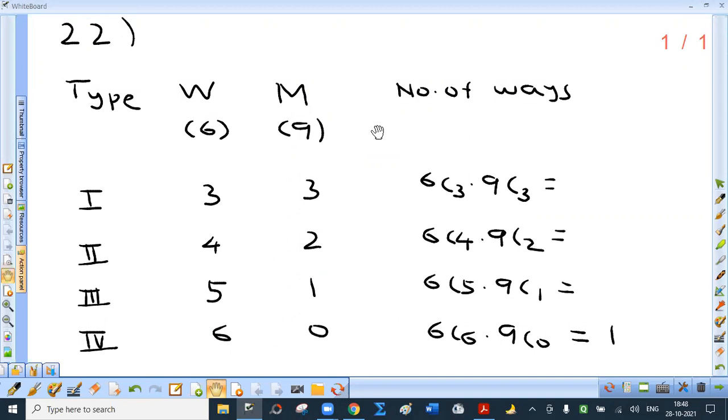Team of 6 is to include at least 3 women.